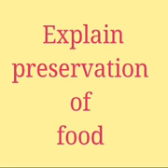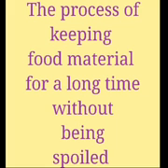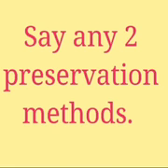Okay. Are you ready to say the answer? Good. First one, explain preservation of food. Yes, the process of keeping food material for a long time without being spoiled is called preservation of food. Very good. Second one, say any two preservation methods.